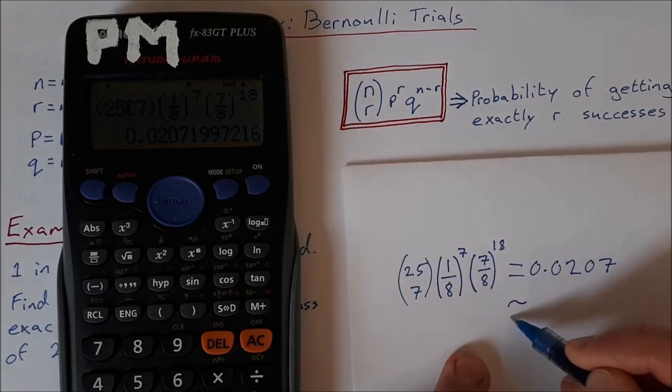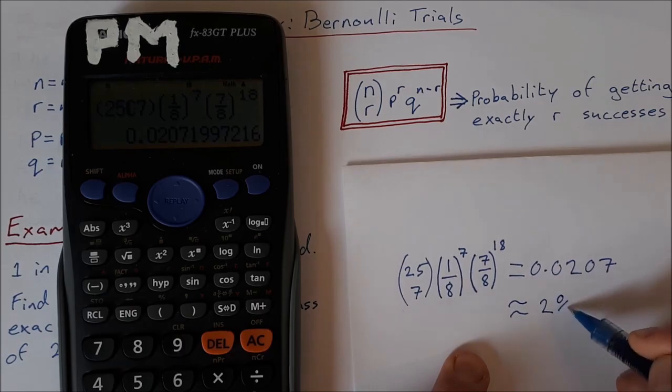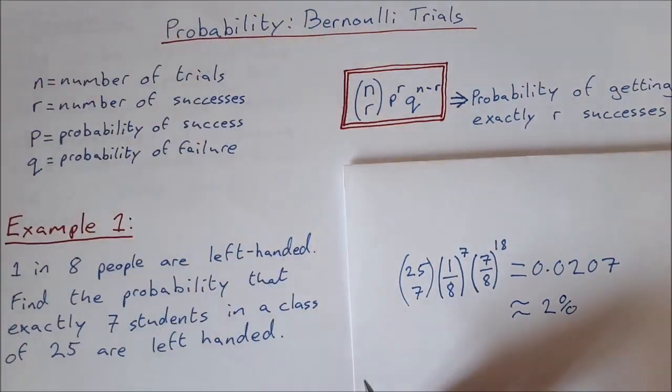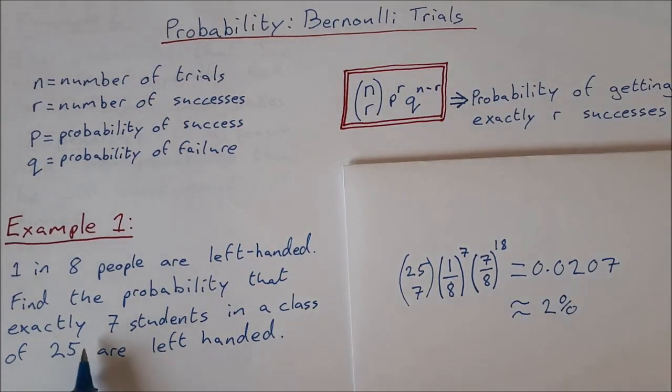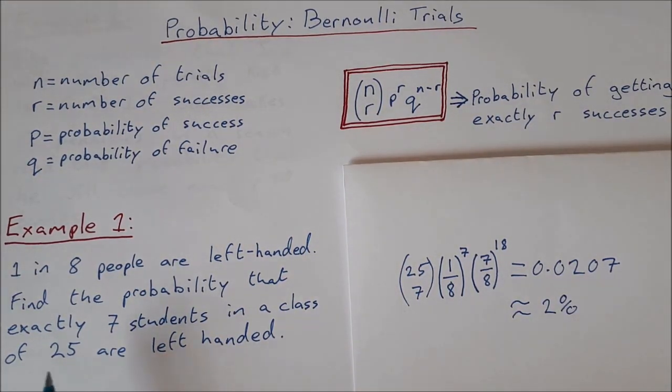So that's approximately equal to 2%. So the probability of 7 students in a class being left-handed is around about 2%.